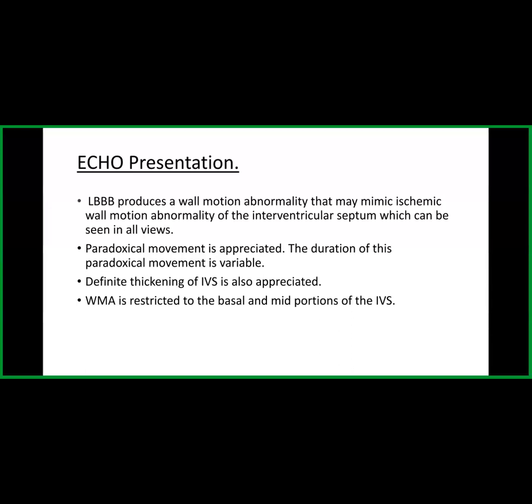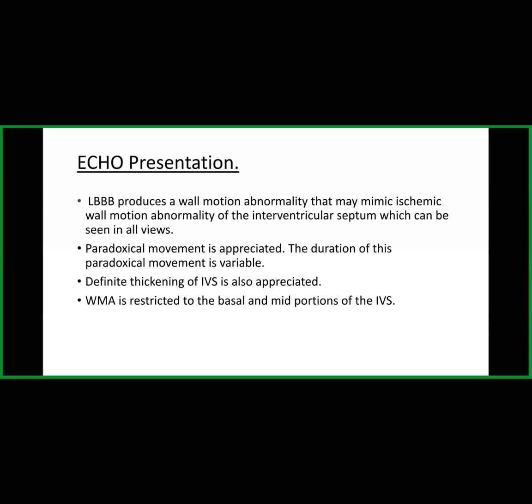Therefore, it's important that we carefully evaluate the wall motion in the presence of left bundle branch blocks, because this will allow us to identify signs which will help us to better differentiate between ischemic wall motion abnormality and left bundle branch block wall motion abnormality.